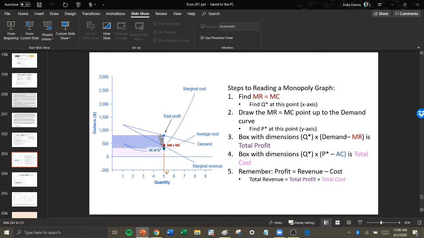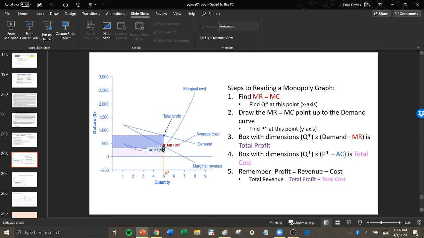This box is our total profit. Demand, what people want. Marginal revenue, what we get from selling each thing. The difference between these is the height of our total profit box. Okay. This box below is our total cost. Let's go slow with this. You find the point where marginal revenue equals marginal cost.